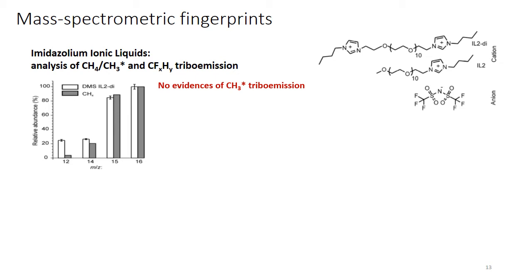And here you can see the comparison between the theoretical mass spectrum of methane, which is the gray bar, and the corresponding spectrum obtained during triboemission from this ionic liquid, a dicationic ionic liquid with imidazolium type cation, with butyl side chains and an ethylene glycol connection chain.